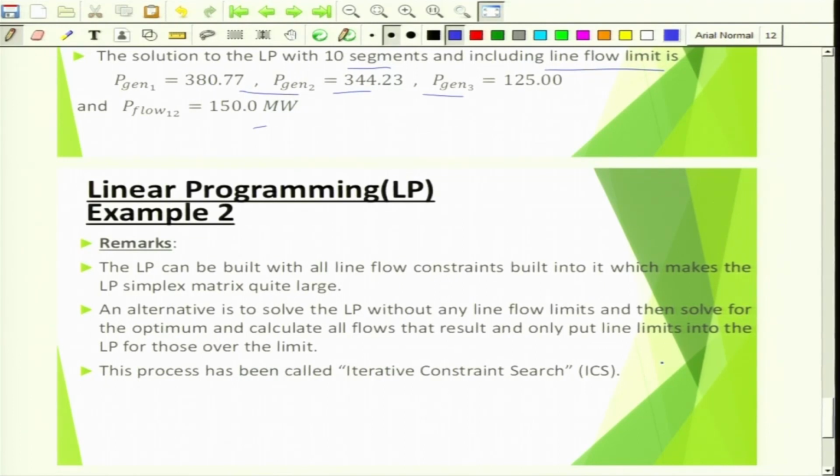You just have to solve a set of linear equations, solve for the optimum, calculate all the flows that result, and only put line limits into the linear programming for those over the limit. You just calculate, then find out which lines are possibly violating the line limits, right. This process is called iterative constraint search.